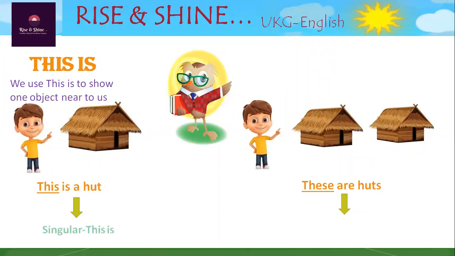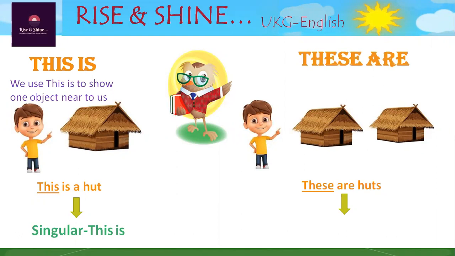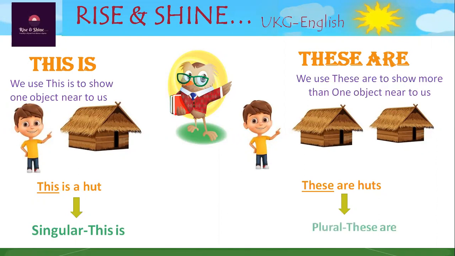That is, when the name of anything is singular, we use this is. Now about these are. We use these are to show more than one object which is near to us. That is, for plural things, we use these are.